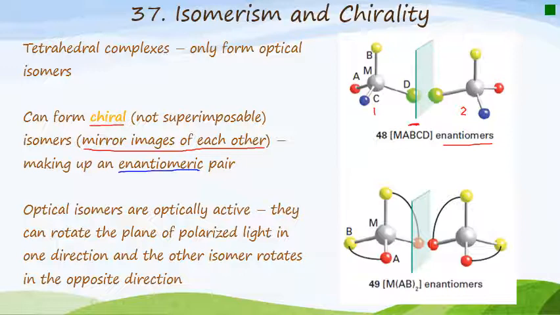There's another example down the bottom here where we see that these are actually cis to one another. So we have this, and here, and here. And you will see that this also results in us being able to place a mirror plane between them, and they form these two enantiomeric pairs, which we label as chiral.